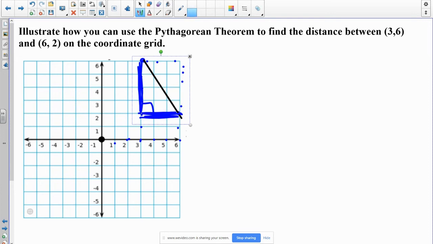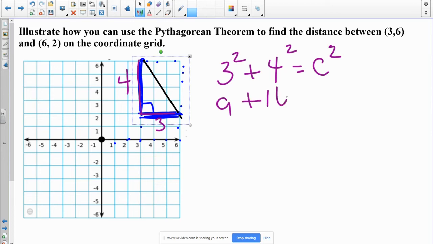Count the space. 1, 2, 3, 4. So that vertical length is 4. Count my bottom leg. 1, 2, 3. So again, that's a 3, 4 triangle, and honestly, I just did the math again, but we can quickly show it. So it's 3 squared plus 4 squared equals c squared. 9 plus 16 equals c squared. 25 equals c squared.